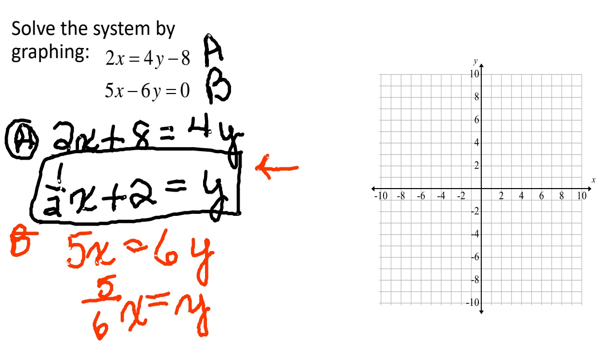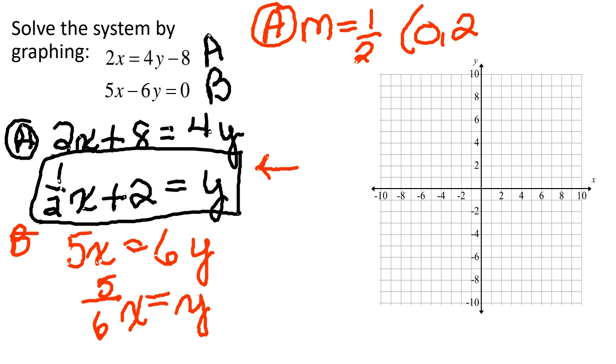A has a slope of 1/2 and a y-intercept of 0, 2, which means I'm going to put my point right there.